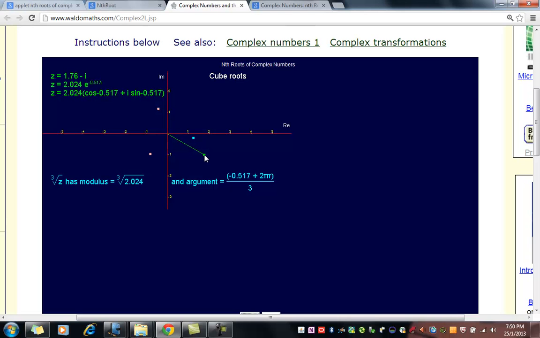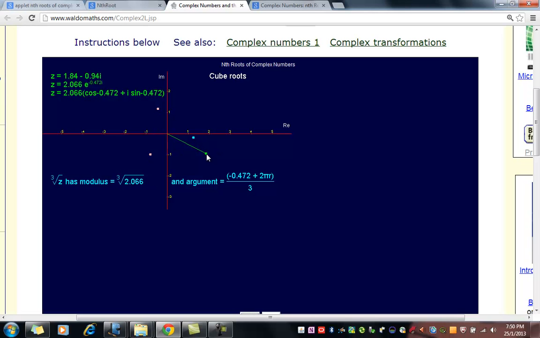So suppose z is over here, which is 1.84 minus 0.94i. Then the 3 cube roots of z would be these 3 points. And we notice they form a very nice triangle around the origin. Right, and they are all equally spaced from one another. In fact, I see they form sort of like an equilateral triangle.